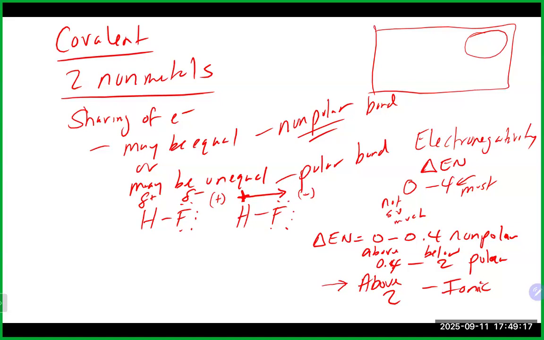If you have a difference in electronegativity of 0, it's considered a pure covalent bond, which is still a nonpolar bond, but that's your perfect equal sharing of electrons. There are obviously degrees of equal sharing, all the way up to 0.4, which is still considered equal sharing. But in reality, it's not perfectly equal. It is going one way or the other a little bit, but not enough to be considered a polar bond.